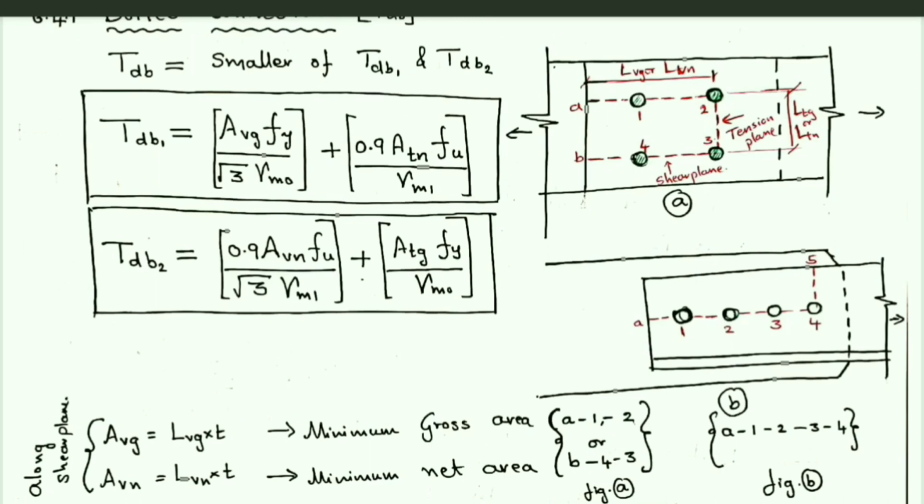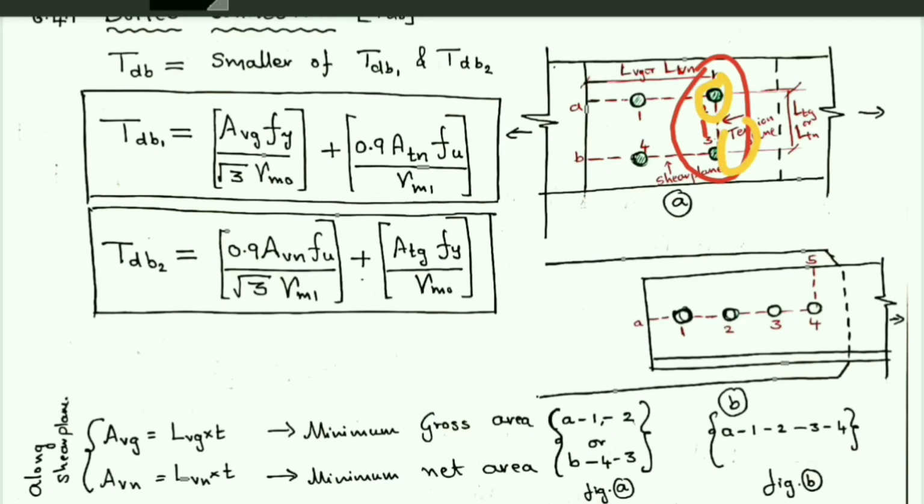Okay, when you go to the tension plane, ATG will be the total gross length. For ATN, the reduction will be 1 bolt, not 2 bolts, because half of this bolt and half of this bolt you need to consider.